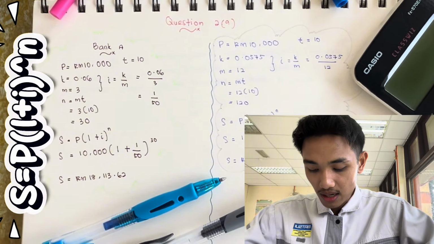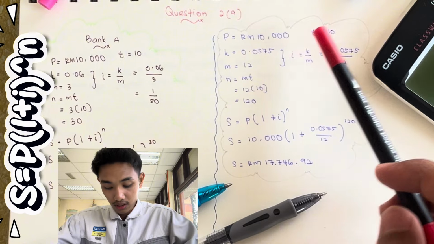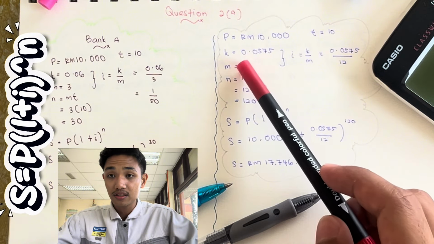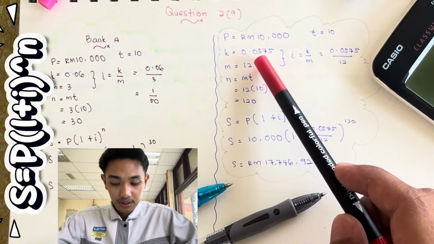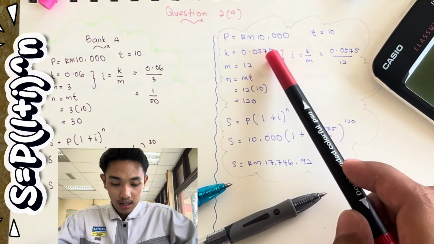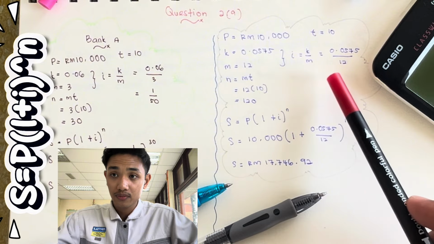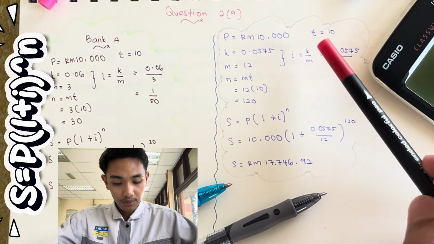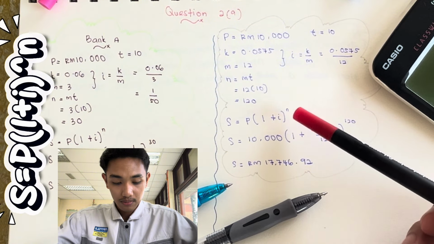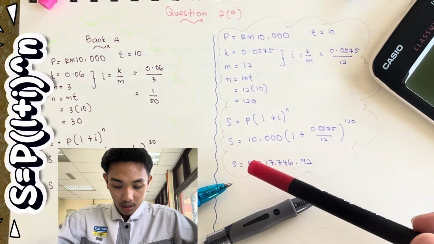After that, we got the sum of RM18,113.62. For Bank B, the original principal is the same, 10,000, because Tasnim wants to invest. The interest period is also the same, t. The k is 0.0575, which is equal to 5.75%. For m, it is 12.